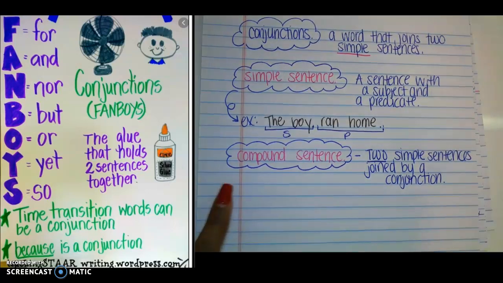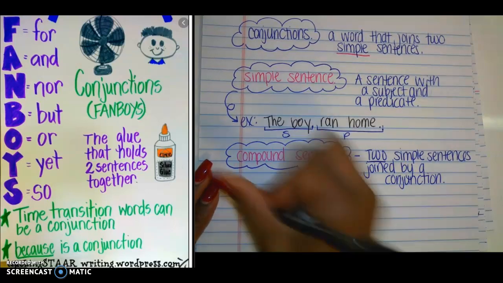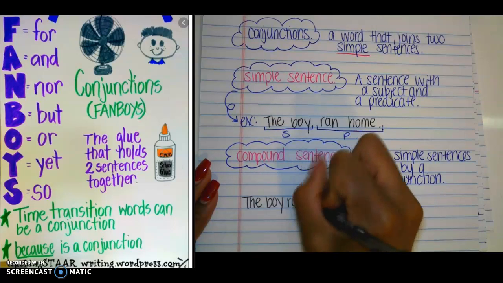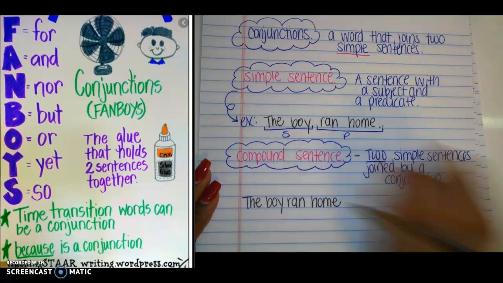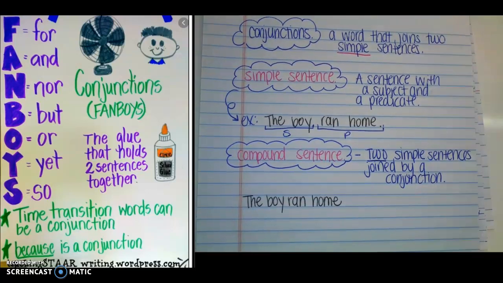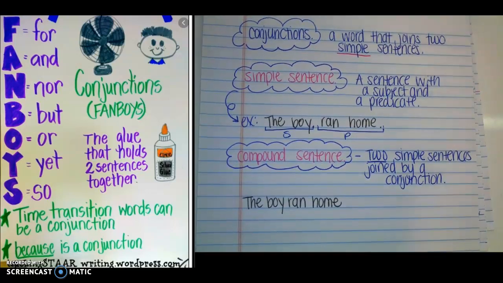So, for example, let's take our simple sentence that we used earlier in our first example. The boy ran home. Now, if you're writing a story or an essay, that's a very simple sentence, right? That's more like a first grade sentence, not a third grade sentence. So now we're going to take one of our conjunctions, one of our fanboys, for, and, nor, but, or, yet, or so, and we're going to create a compound sentence out of that simple sentence.